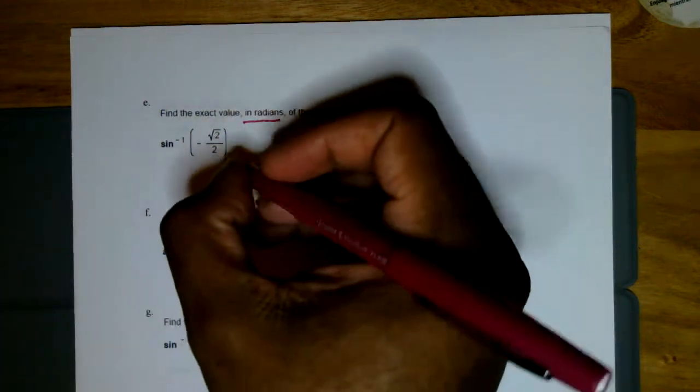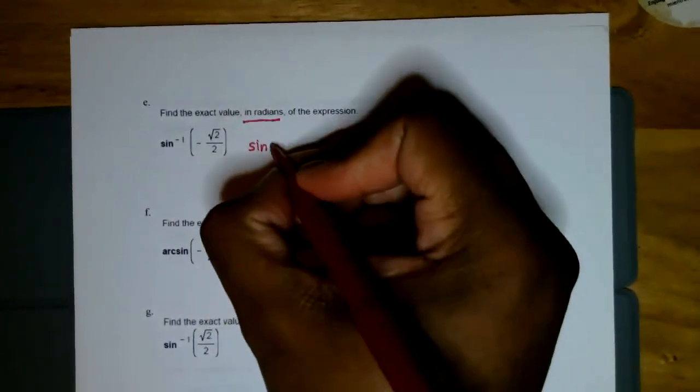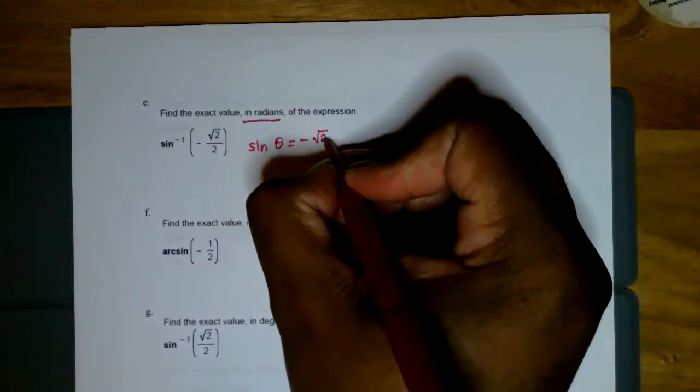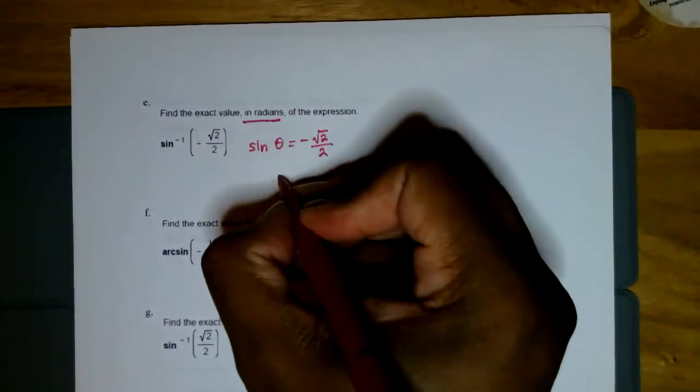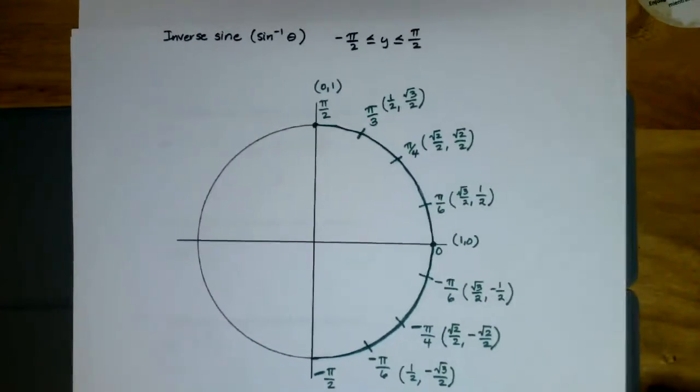So that means here, I need to determine sine of what angle theta gives me negative square root of 2 over 2. All right, so I'm going to use the unit circle for the inverse sine, which is this.